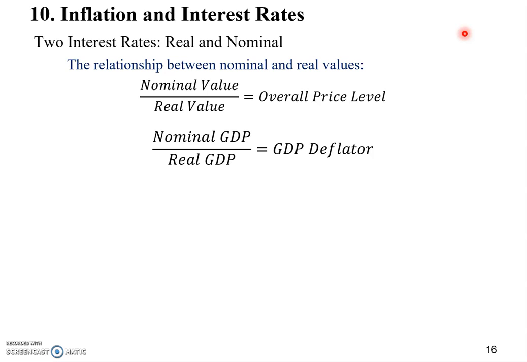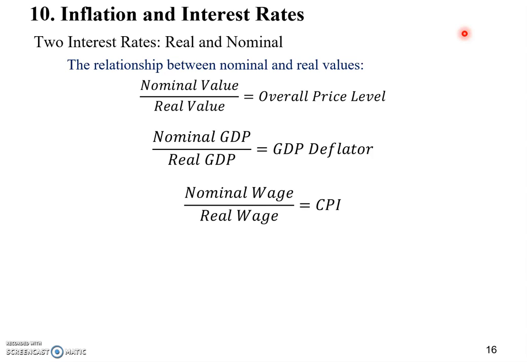You should have already done many calculations about this. The real GDP means the real output, calculated on the basis of the base year prices. The nominal GDP is expressed in current dollars.